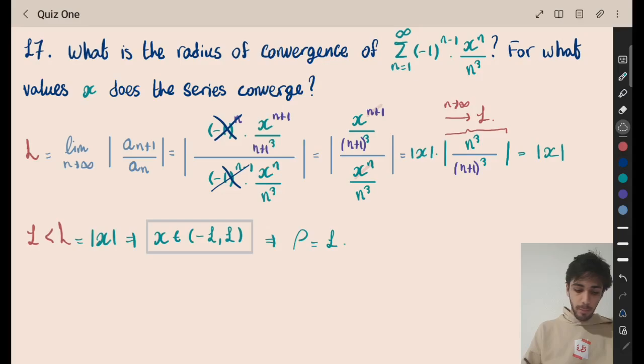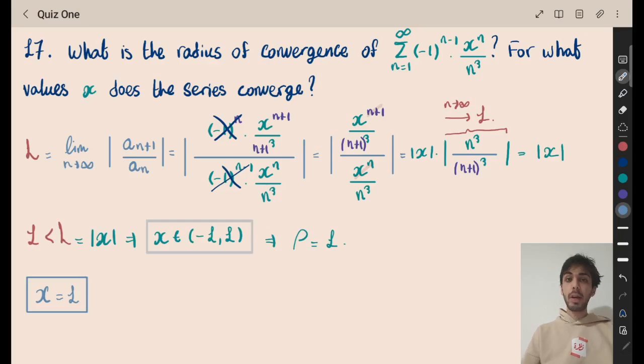And the edge cases happen precisely at the edges of the interval. No surprise. So let's take a look at a series at the value x is equal to 1 and see what happens.